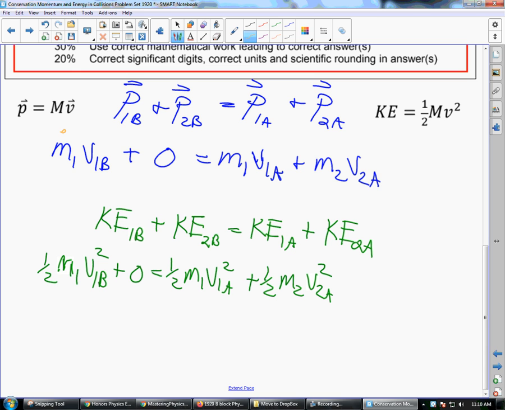Now, we know the mass of 1. We know the velocity of 1 before. We know the mass of 1. We don't know velocity of 1 after. We know the mass of 2. Similarly, we mark the same things that we know in here. We have 2 unknowns in each of those 2 equations, which means we need to put in our values and then solve them simultaneously.